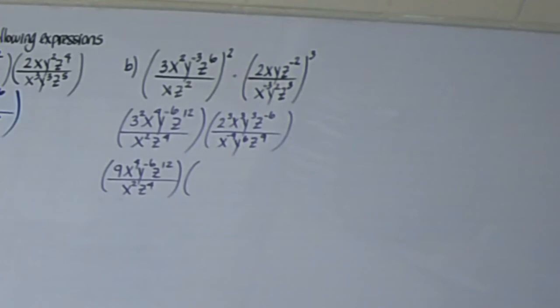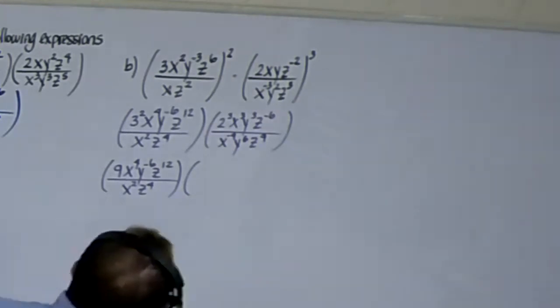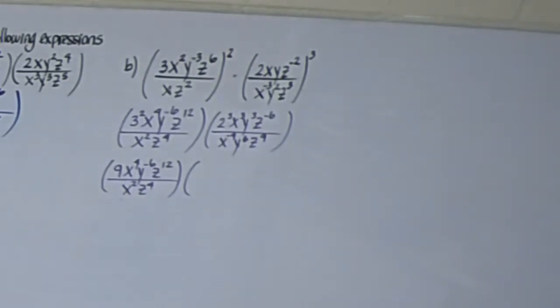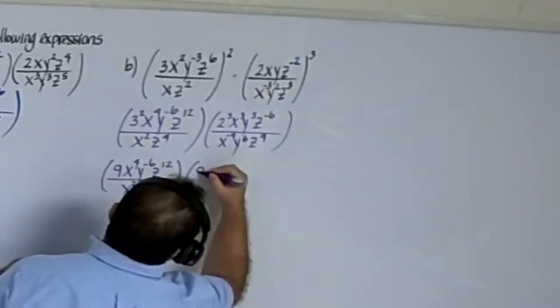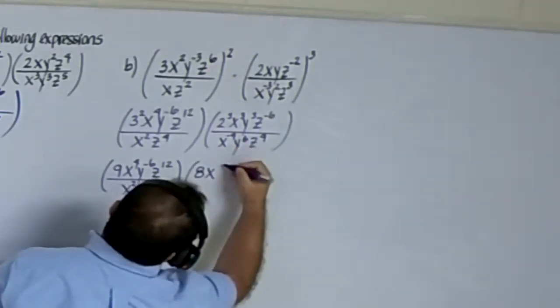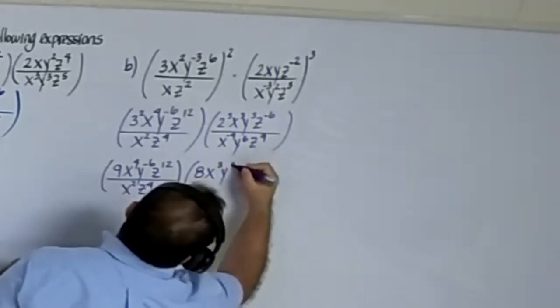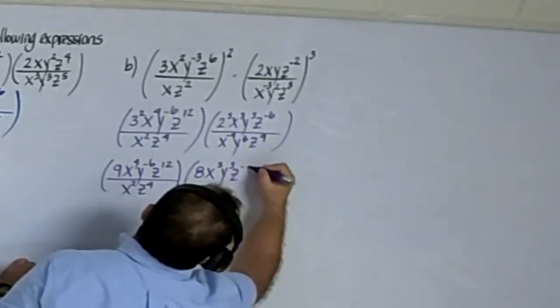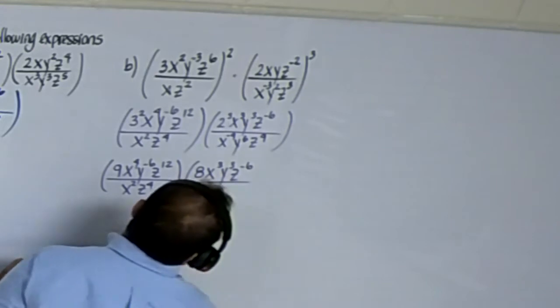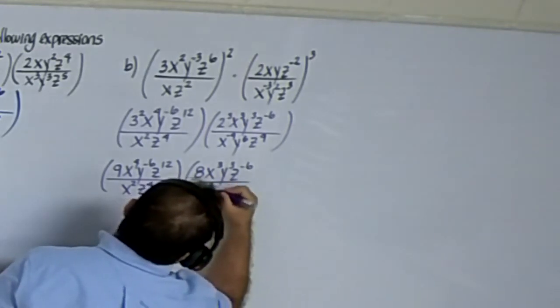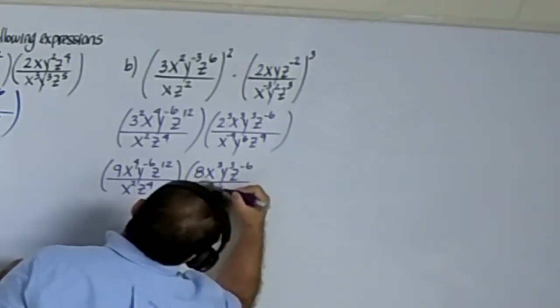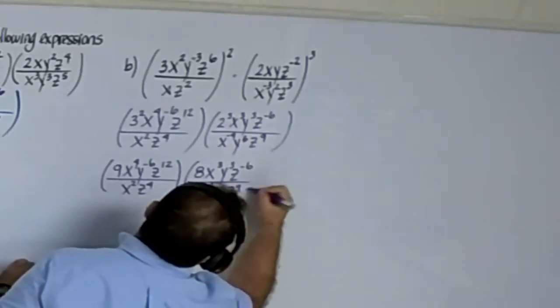No, no, no. It's 3 times the number 2. 2 times 2 times 2 will be 8, right? 8x third power, y third power, z negative 6 power over x at the negative 9 power, y 6 power, z at the 9 power.